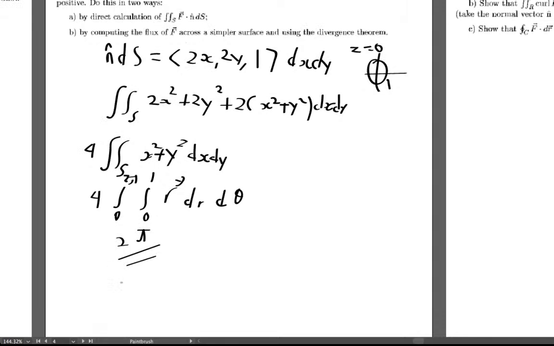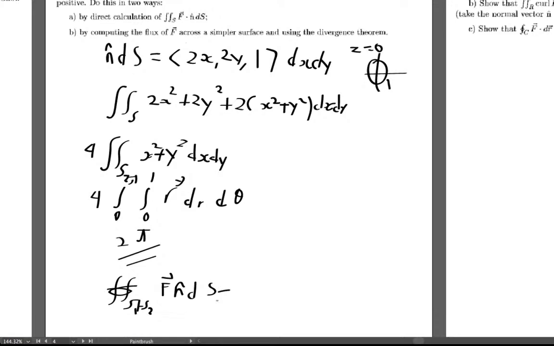So when you take S1 plus S2, this must be a closed surface, of f vector dot n hat dS.